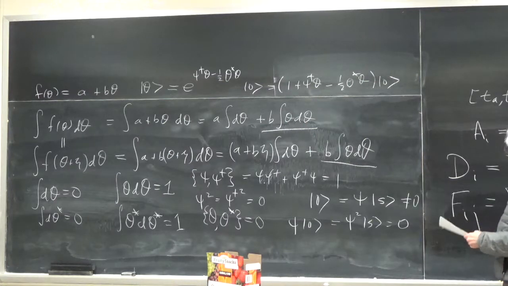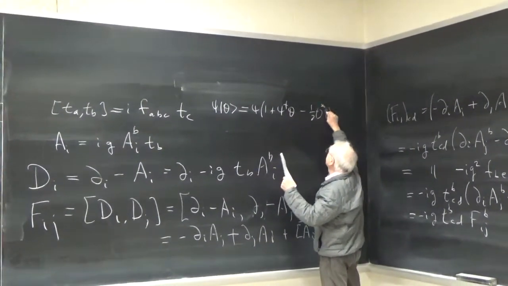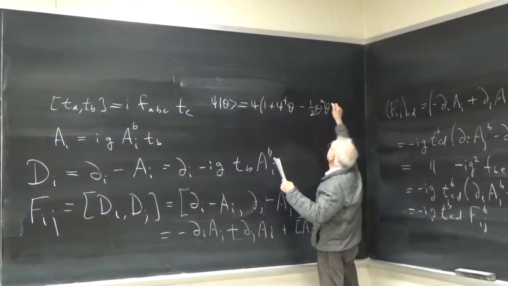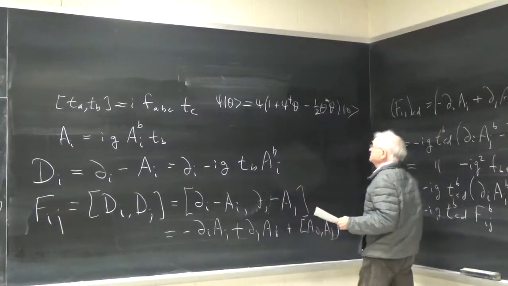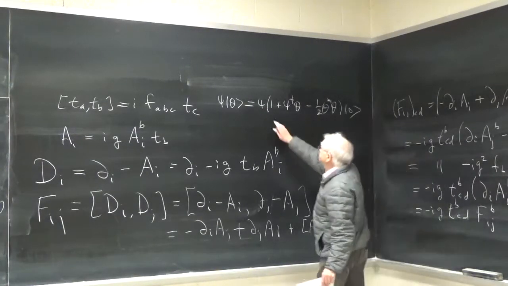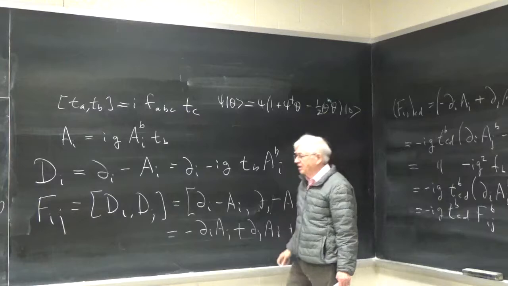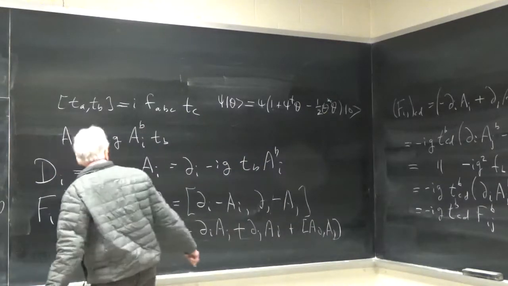Now, maybe I'll use this part of the blackboard. Let's see what psi is acting on theta. Well, it's psi on 1 plus psi dagger theta minus a half theta star theta times the ground state. And, well, psi hitting 1, hitting the ground state, that gives us 0 because of this equation here.